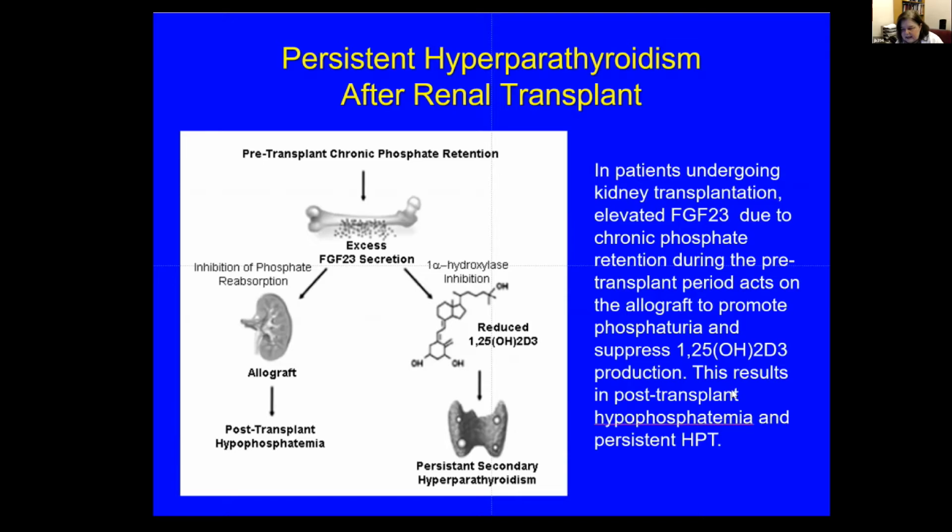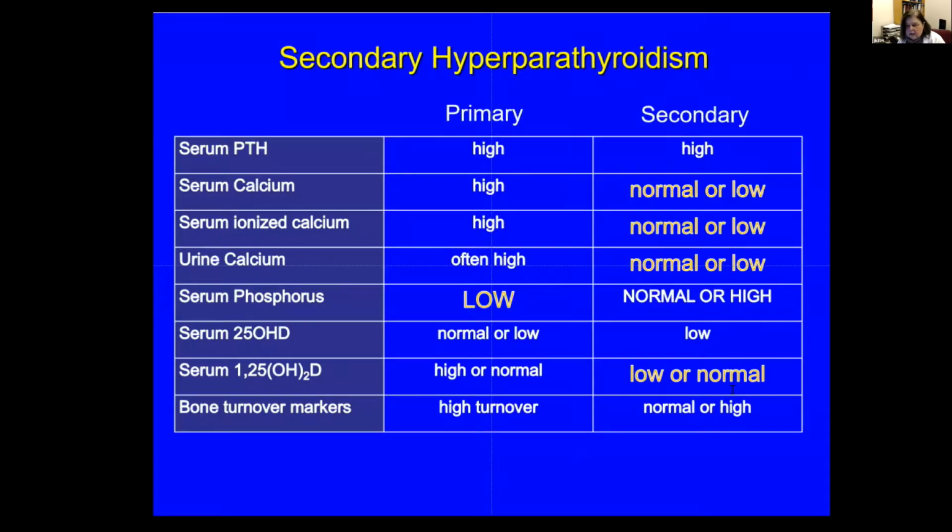And this leads to hypophosphatemia. And due to the low phosphorus, you have persistent hyperparathyroidism and increased calcium. And this is a table to show you how you differentiate between primary and secondary hyperparathyroidism.